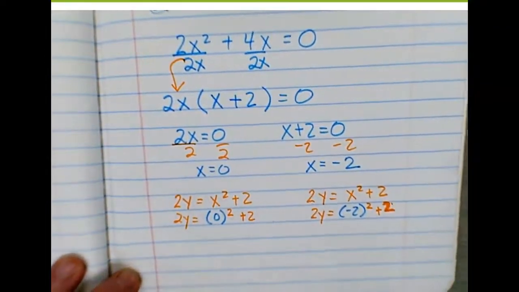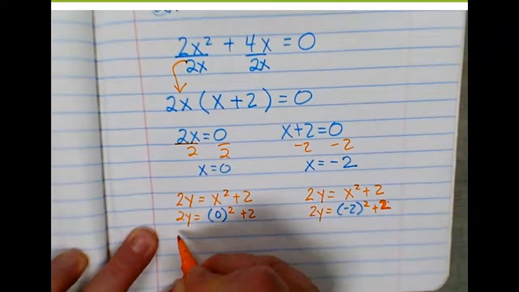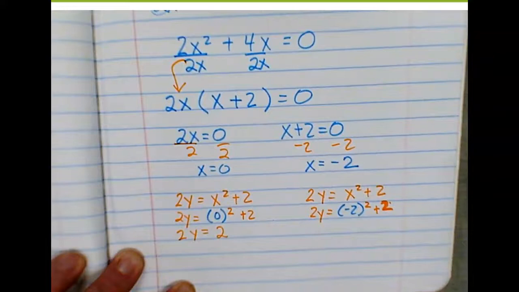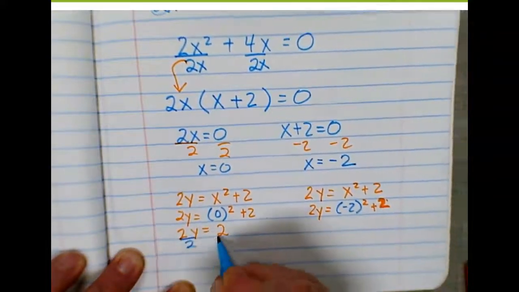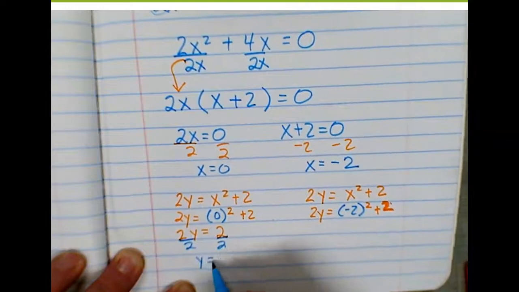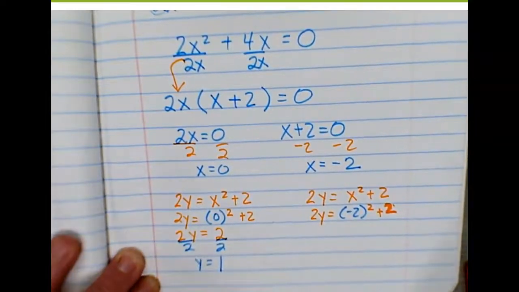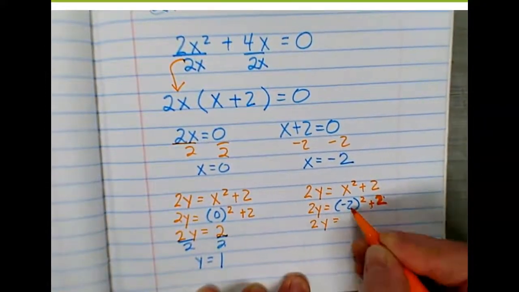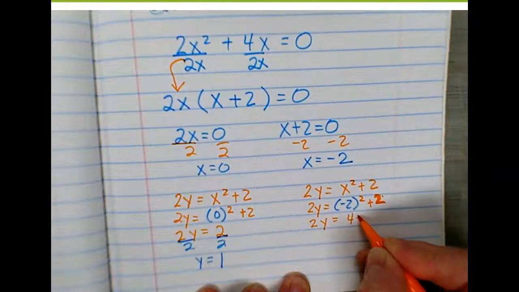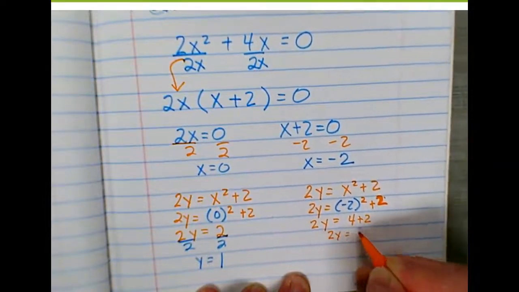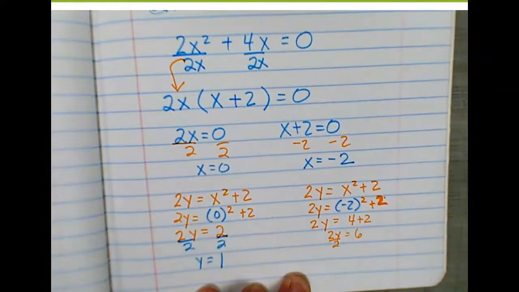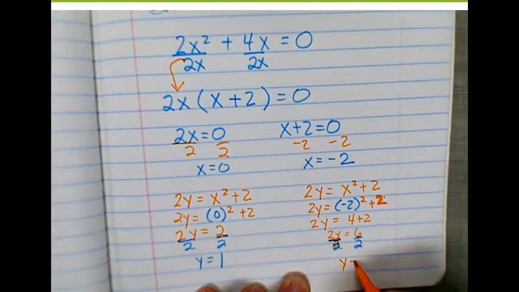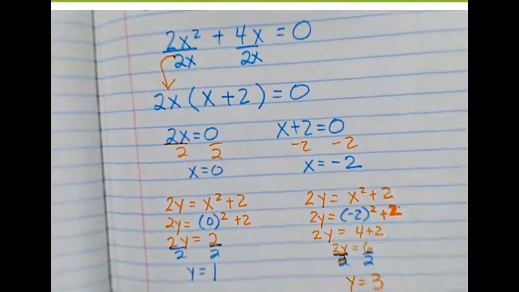What is 0 squared? 0 plus 2. Divide by 2. This is going to be negative 2 squared would be 4 plus 2. Divide by 2. And y would be equal to 3.